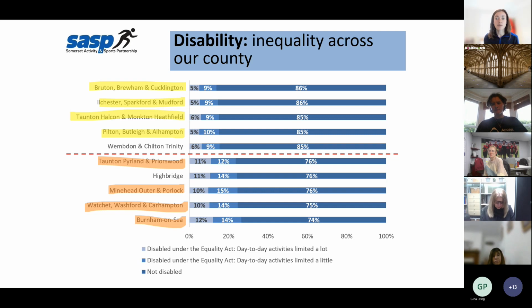What we're seeing as well is a huge overlap in areas where people state that they have a disability and appear to be in bad health or not very good health. As I said before, not everyone has stated that they're in bad health, but these 4 areas are those with the highest rates of very good health, and they are also the areas least likely to state that they have a disability.